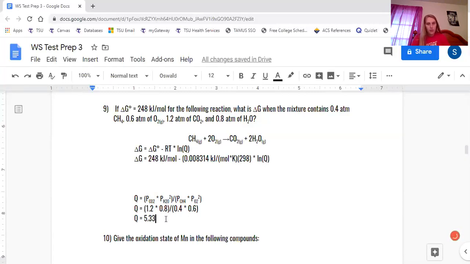And then if we want to, we can go ahead and do the natural log of Q, so we don't have to do that in a minute. Just go ahead and take the natural log of all of this. So you don't have to do it up there if you'd like. It just depends on your calculator and how you like putting things in. And that would make this the natural log of Q. Q is going to be equal to 1.673.